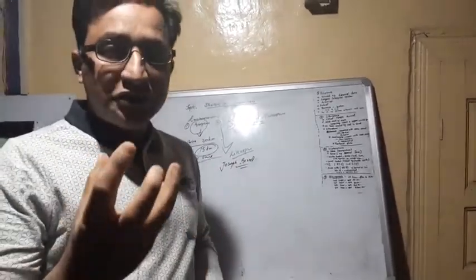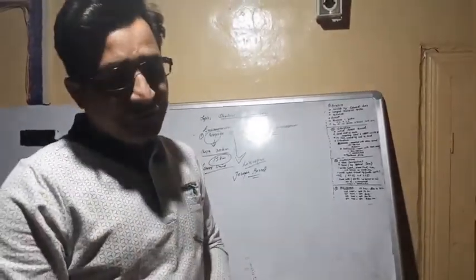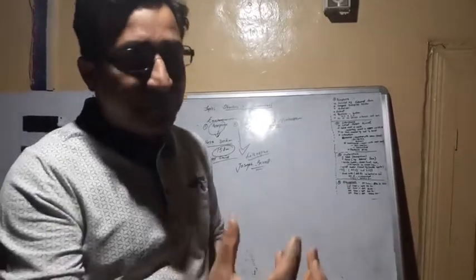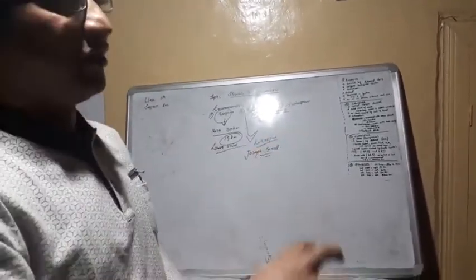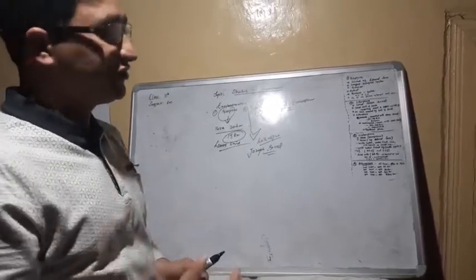This lithosphere is the solid shell of the earth, which comprises the crust as well as the upper mantle part of the earth. So this is what the lithosphere is, which parts of earth it consists of.